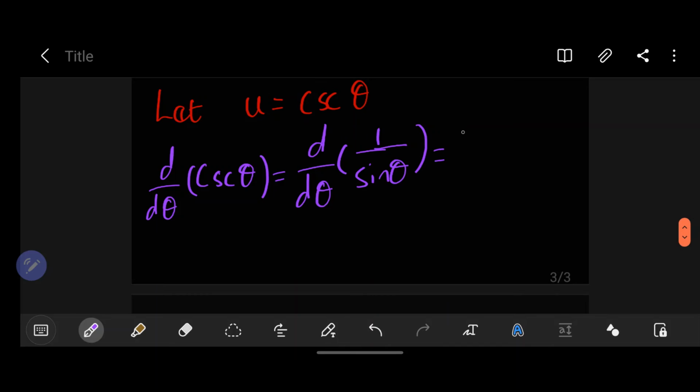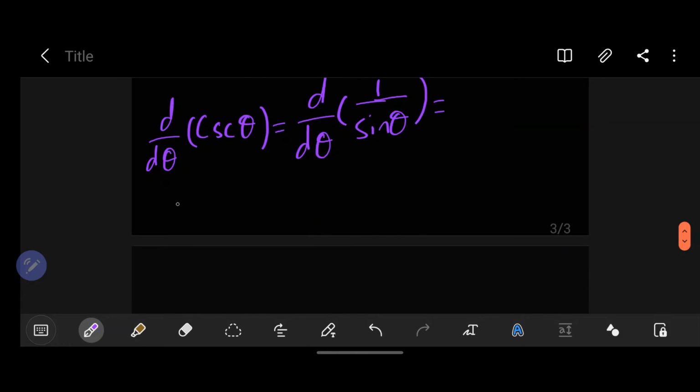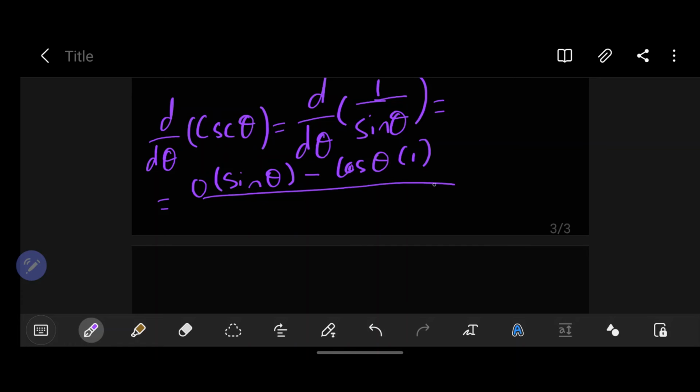Let me create some space for myself. So it's going to be 0 times the denominator, which is sine theta, minus the derivative of the denominator, which is cos theta, times 1, all over the denominator squared.